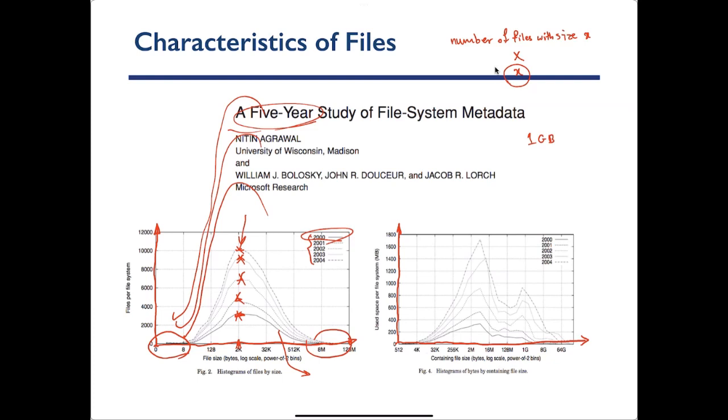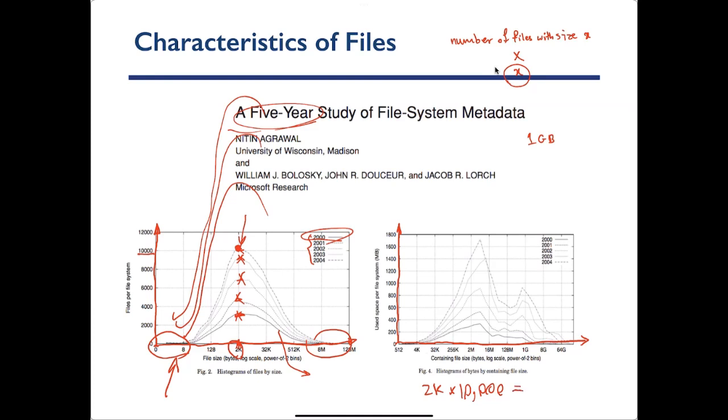So looking at this graph, you know that we have a lot of 2K files, but how much space do they consume? Well, it's going to be 2K times whatever number we have. So in this example, we have 10,000 2K files.